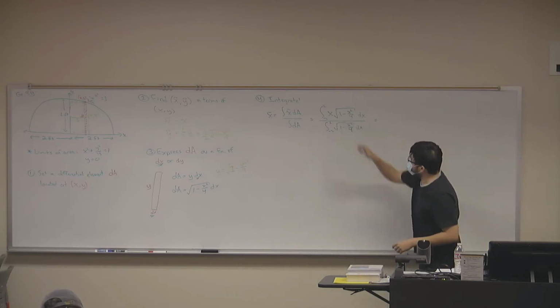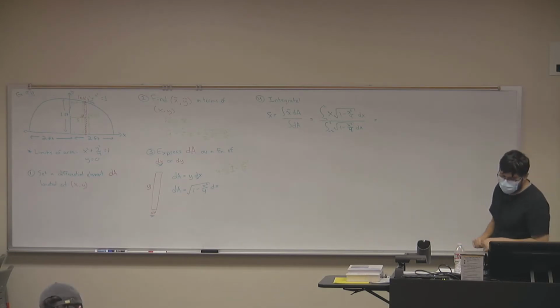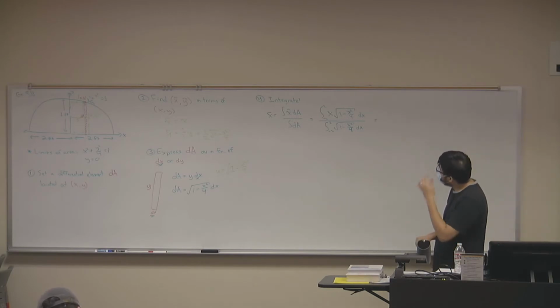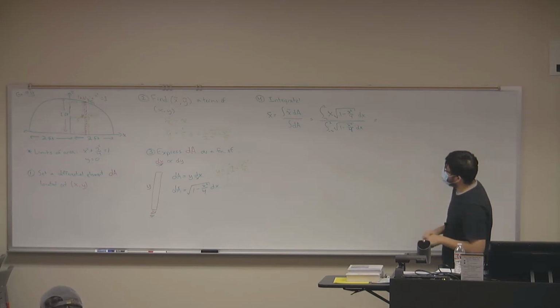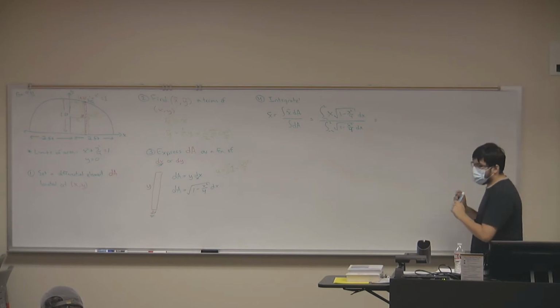Let's integrate the term on the numerator. What is the integral of x times square root of 1 minus x squared over 4? That one should not be that complicated, right? What do you think? There is no constant here, right? But it's okay. Remember one thing.